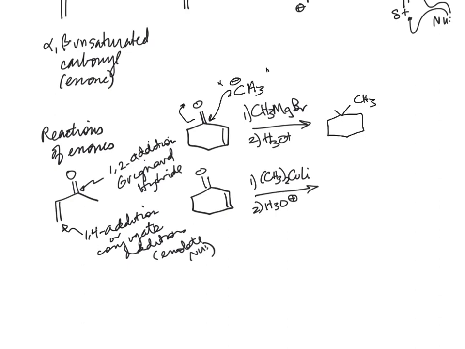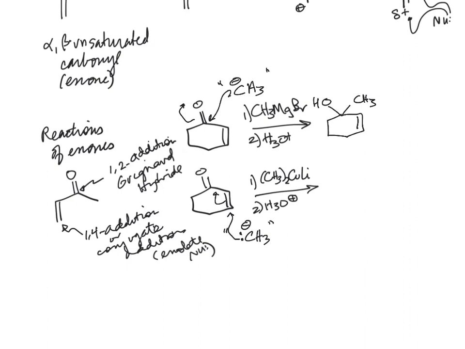And after aqueous workup, we will get the alcohol. So it typically behaves like an ordinary ketone, even though it is conjugated, whereas if we use a cuprate instead, the cuprate is going to prefer the conjugate addition, has a different reactivity than the Grignard, and so it's going to attack the beta carbon.